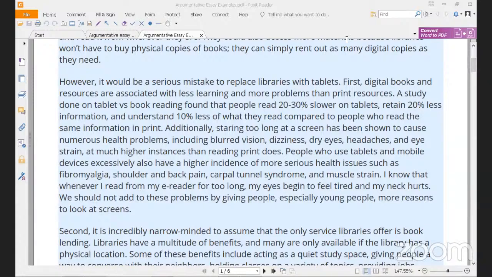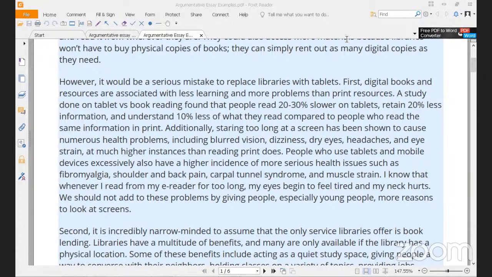However, it would be a serious mistake to replace libraries with tablets. First, digital books and resources are associated with less learning and more problems than print resources.